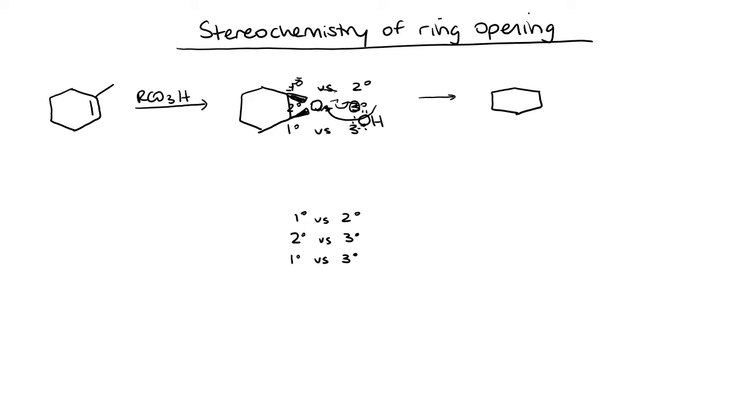Now it'll attack our least hindered carbon and give the electrons to the oxygen atom. So now our hydroxide that we've just attacked is going to be a dash. The oxygen from the original epoxide will remain as a wedge. So what we get is inversion of configuration at the site of the nucleophilic attack.